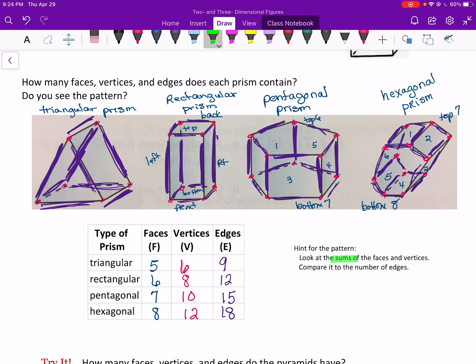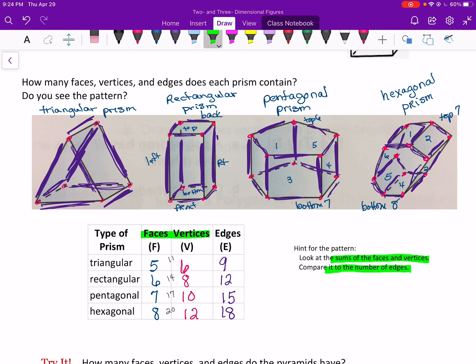Now, take a look at the chart that we did. I want you to look at the sums of the faces and the vertices. 5 plus 6 is 11. 6 and 8 is 14. 7 and 10 is 17. 8 and 12 is 20. Compare that to the number of edges.